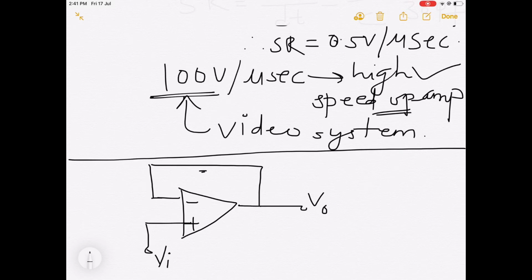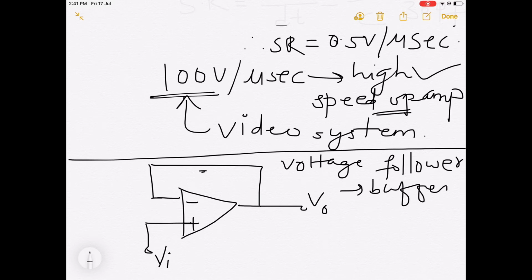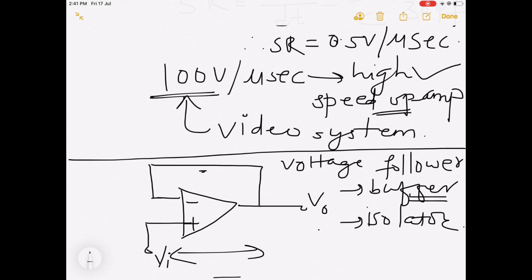This circuit is known as a voltage follower. A voltage follower can be used as a buffer or isolator because it follows the input, while providing some impedance in between the previous circuit and the next circuit. That's why it can be used as a buffer.